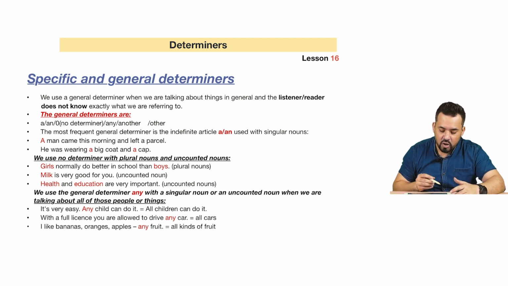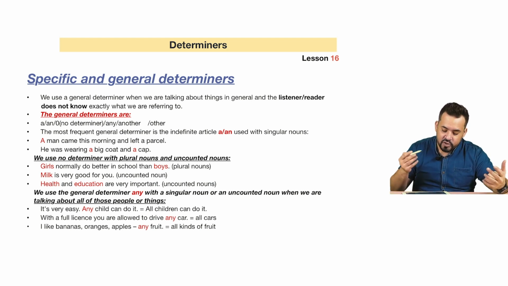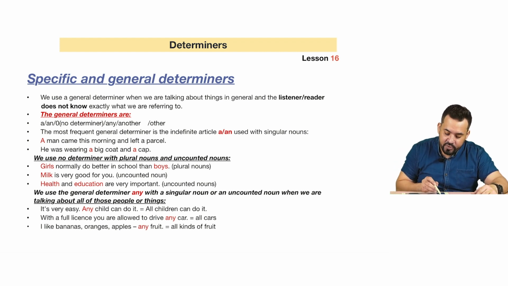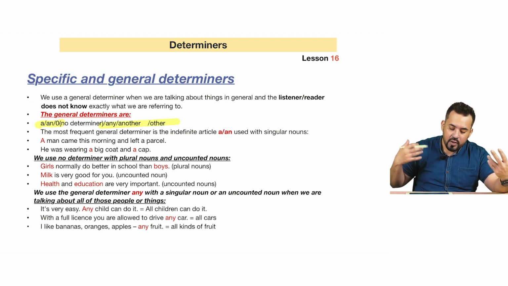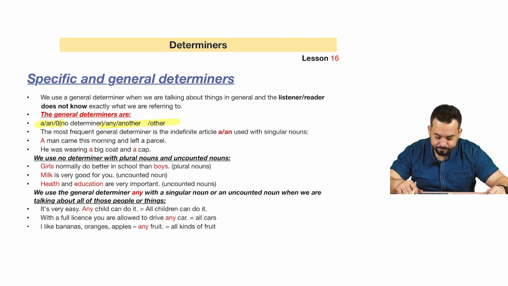General determiners are the articles a and an, or no determiners. Also any, another, other. Those are all general determiners.